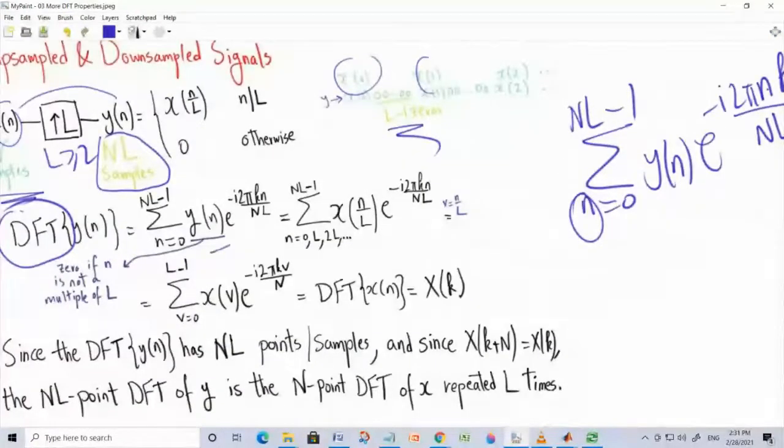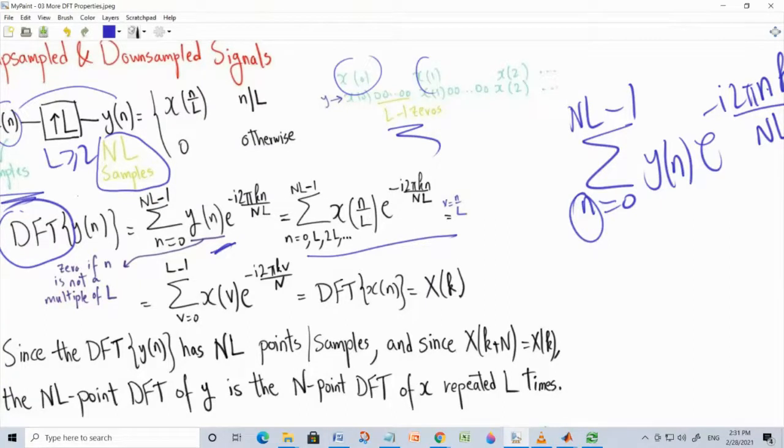So you start using the DFT, and then you start manipulating this summation. For example, if the index n is not an integer multiple of L, you have zeros, so you can eliminate all those terms from your summation, and you end up with a summation in which you only have the index n that is an integer multiple of big L.